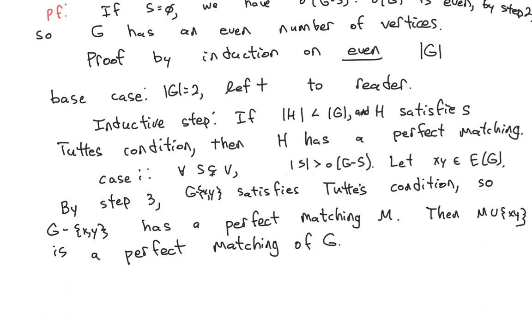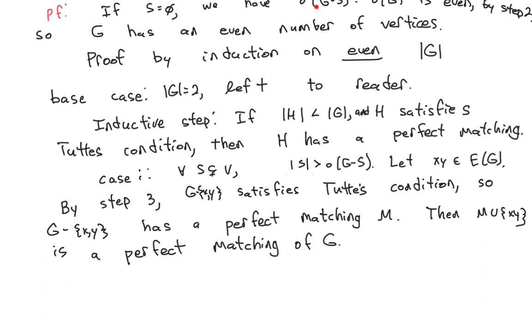So first, by step 1, one of the directions of Tutte's theorem is true, so we only need to prove the converse, which is that if Tutte's condition is satisfied, then there must be a perfect matching. So first we apply Tutte's condition to the empty set.